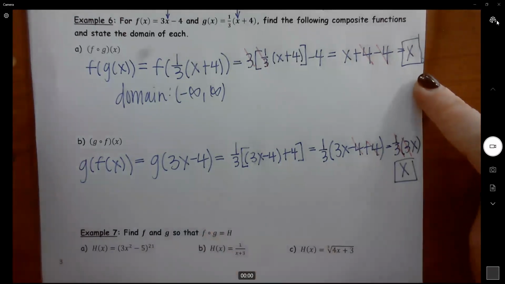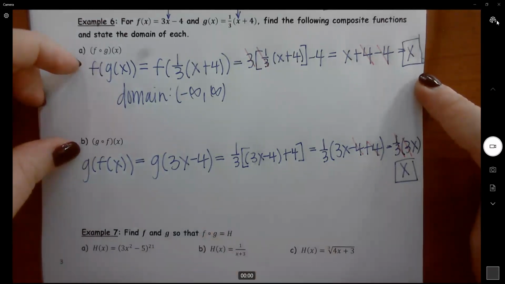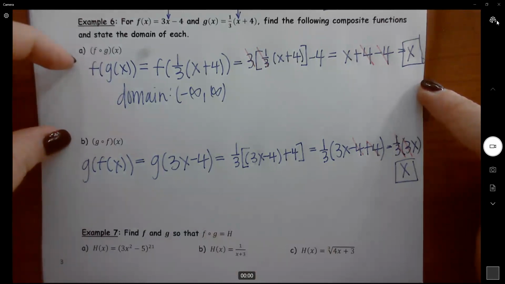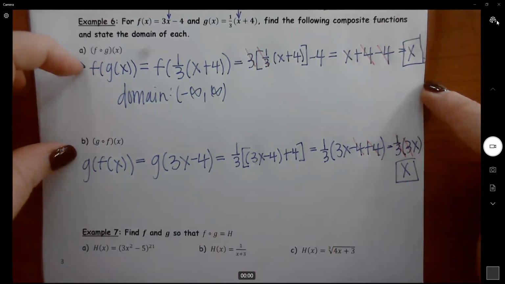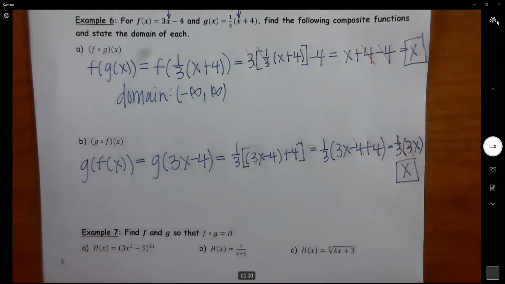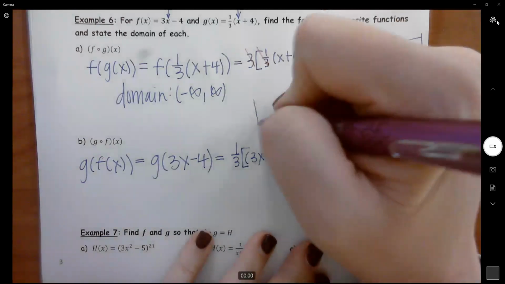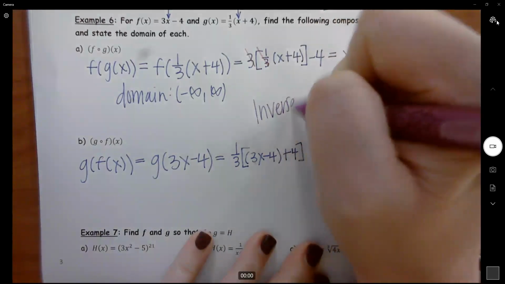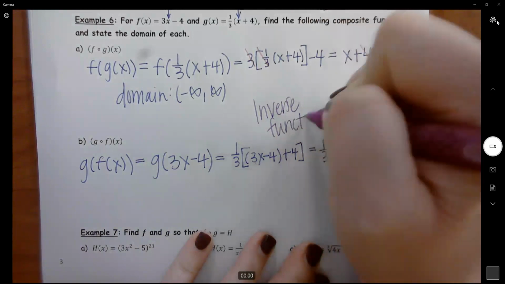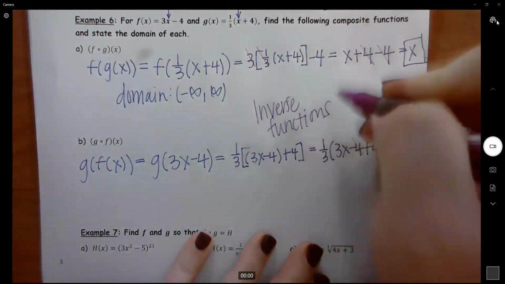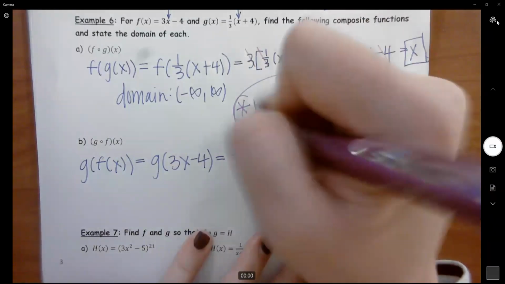I said that these hardly ever are the same thing, right? They are this time. And when they are, this is a special circumstance. These are considered inverse functions. Okay, this is just a little tidbit.